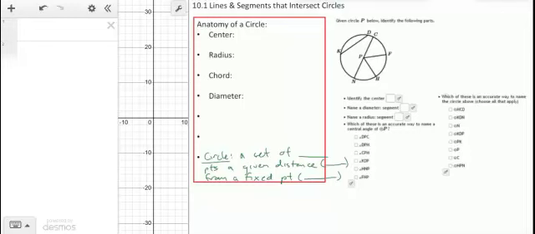And so the word that we need to add here to make sure that this is now the definition of a circle is to add coplanar. And so a circle is a set of all coplanar points that are a given distance. That given distance is called a radius from a fixed point, and that fixed point is called a center. And so adding those words gives a little bit more to demonstrate what we're dealing with.